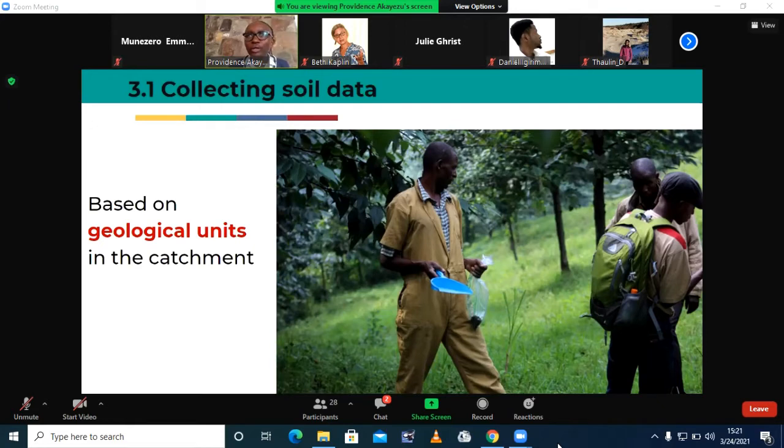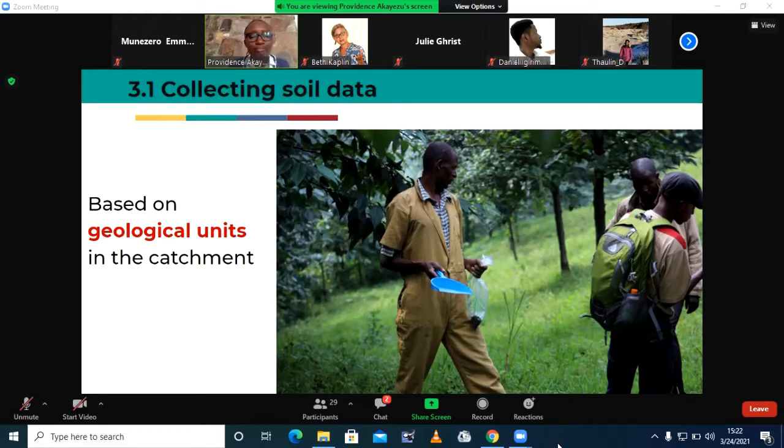Before conducting all the fieldwork activities, we mapped out the catchment, the geologies, the rivers, the hydrology, all these things. We had the land uses, so we tried to understand the catchment. Ideally, with the soil data, we followed the geological units.